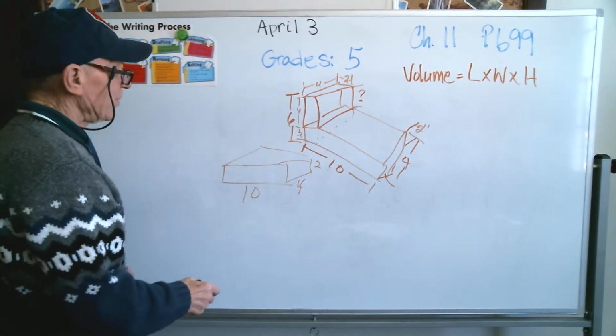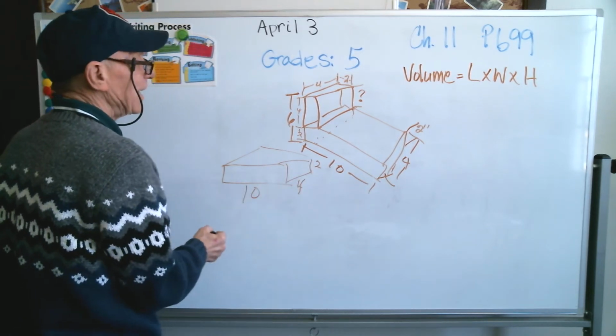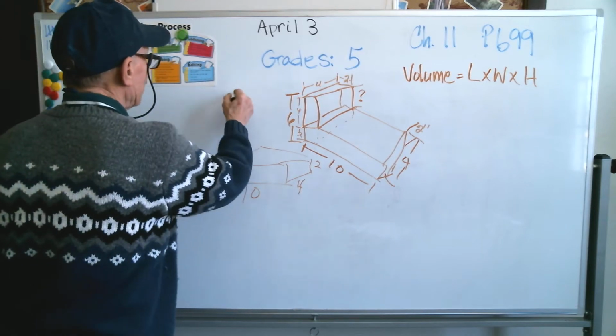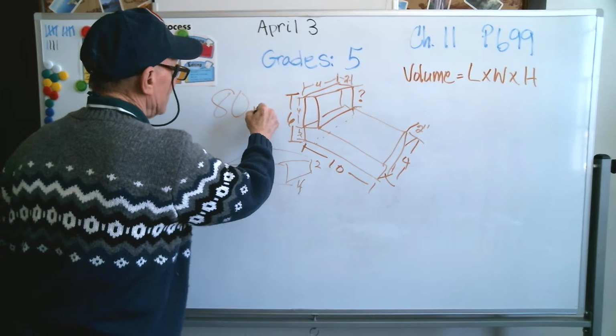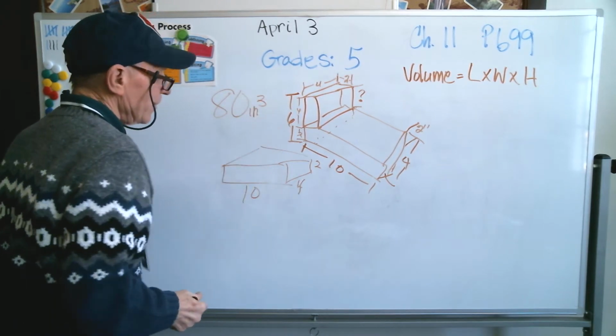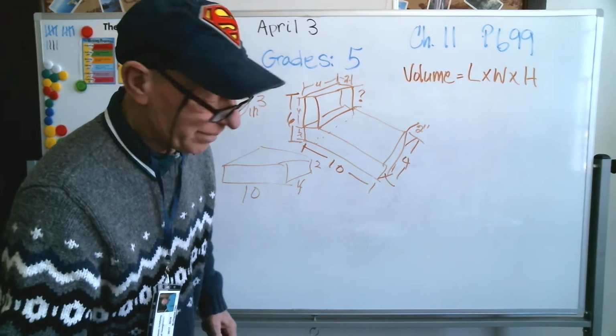So that one section of it is 10 times 4 is 40, times 2 is 80. So let's put that 80 right here, and that's 80 inches cubed. Remember, volume is in cubic measurement.